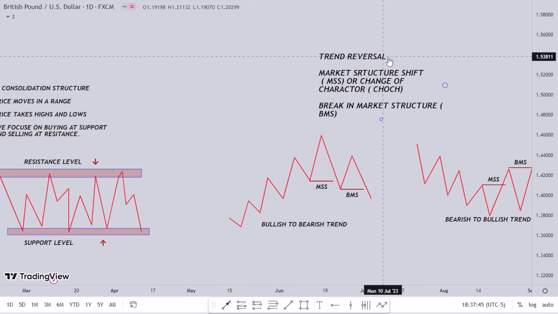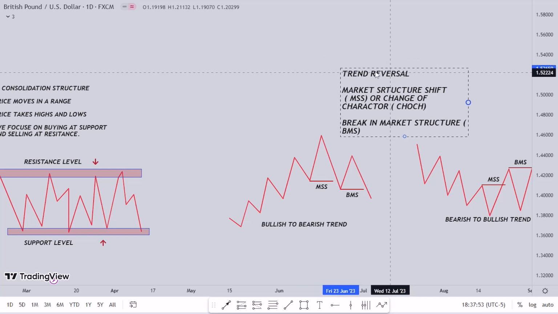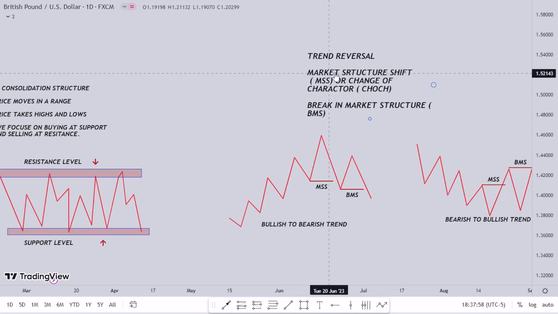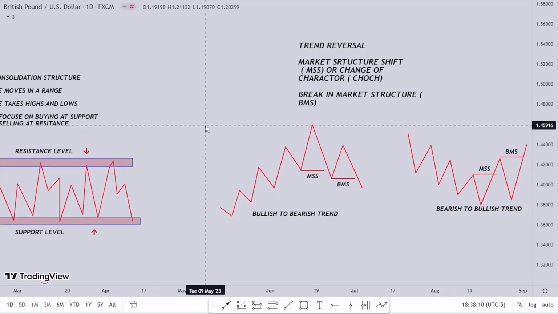And so a trend reversal is characterized by two things. Okay, very important. It is characterized by two things, and the first thing is a market structure shift. Okay, and the abbreviation is MSS. You can also say a change of character. We say a change of character, it means that the behavior of the price has changed.